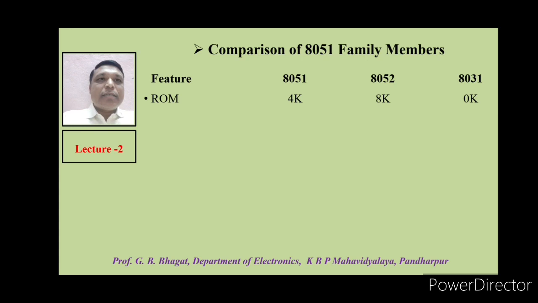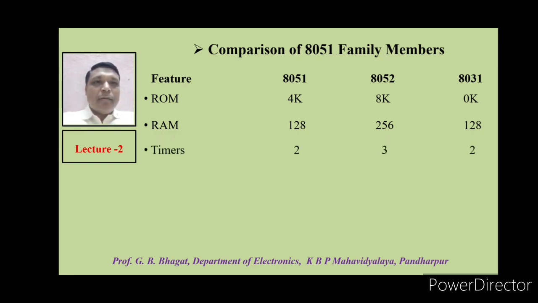Here if we consider the parameter ROM, then for 8051 the size of ROM is 4 KB, for 8052 the size of ROM is 8 KB, and for 8031 the ROM is 0 KB. Then RAM, for 8051 the size of the RAM is 128 bytes, for 8052 RAM is 256 bytes, and for 8031 the size of RAM is 128 bytes.